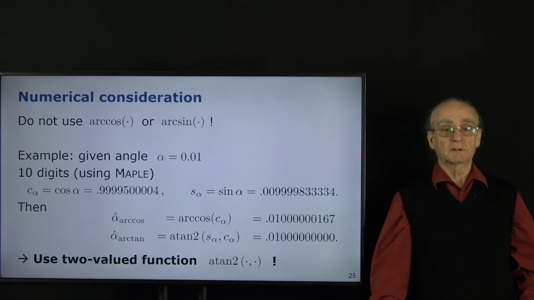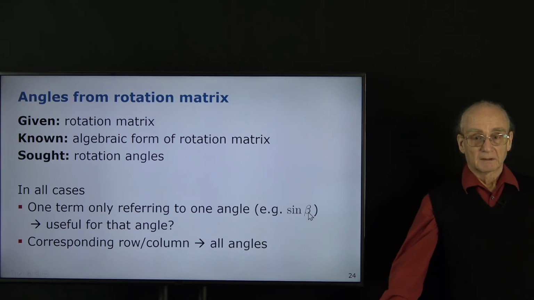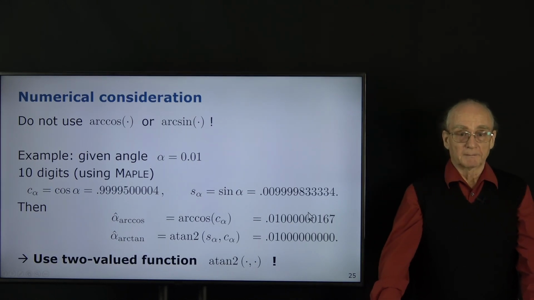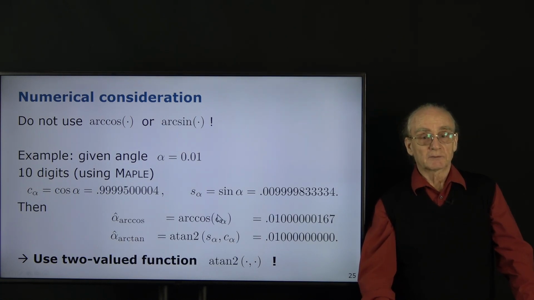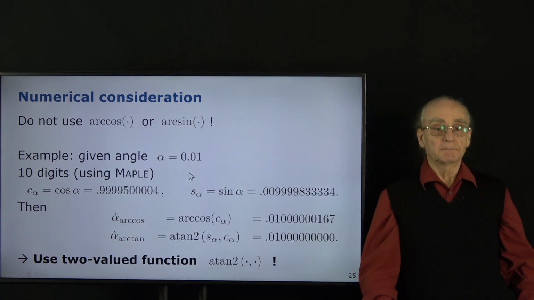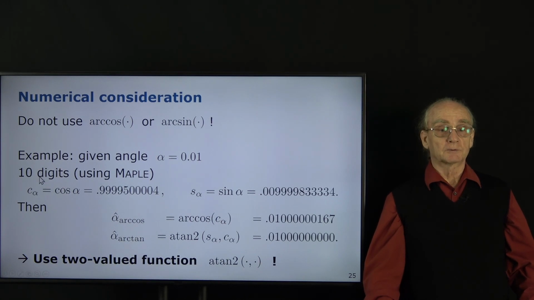So in all cases, we would like to derive angles from sines or cosines, and there is a heavy warning. Don't use the arcus cosine or arcus sine of some value in order to determine the corresponding angle. Why is this so? Let's assume we have a small angle, and we want to determine the angle from the corresponding cosine. So let's assume we have a computer which works with 10 digits. In Maple, you can define how many digits are used.